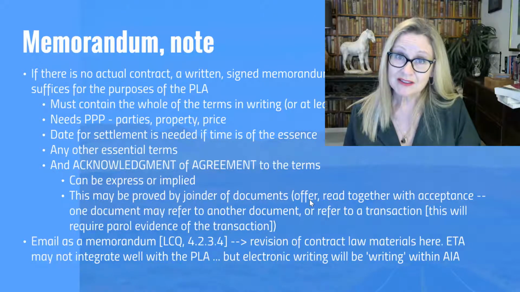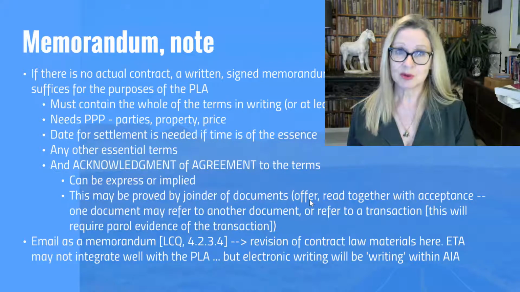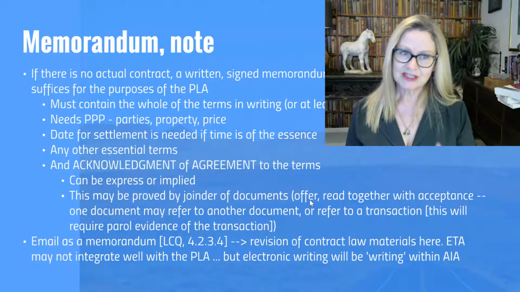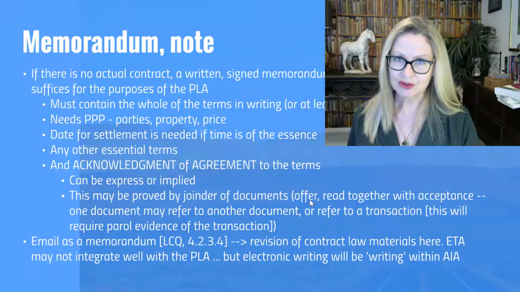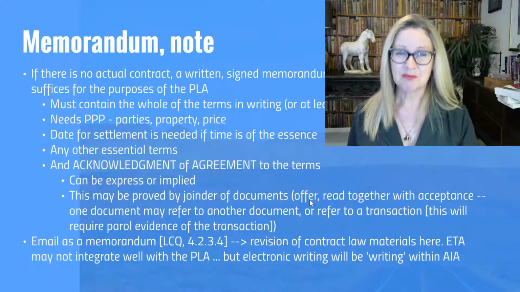If time's of the essence, then obviously you're going to have the date for settlement in there. Anything else that's been made essential by the parties, and you need to have an acknowledgement of agreement to the terms. Now that can be express, it's more often implied.